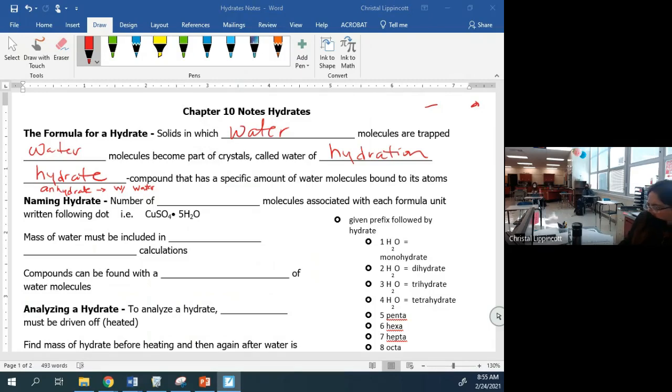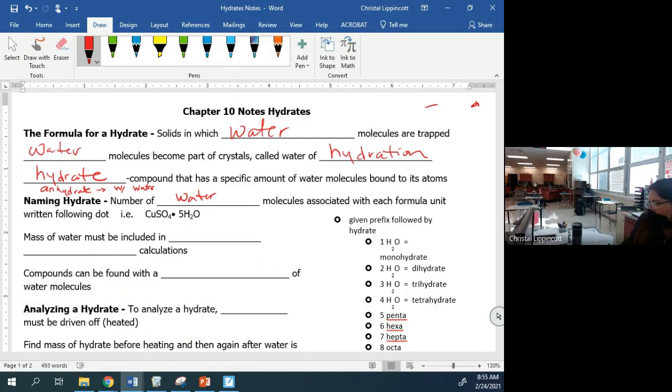So the number of water molecules associated with each formula unit is written with a dot in between. So for example, copper sulfate dot 5 H2O. We would say pentahydrate here. So the way we would call this is copper sulfate, actually copper(II) sulfate, pentahydrate.